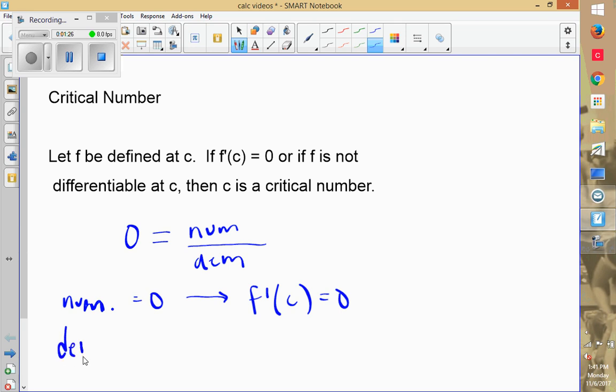If the denominator is equal to 0, that is when f is not differentiable at a place. So we're going to use this pretty much from now until the rest of the unit finishes. But the biggest thing for right now is just making sure we can find a critical number. Today's actually pretty basic in that sense.